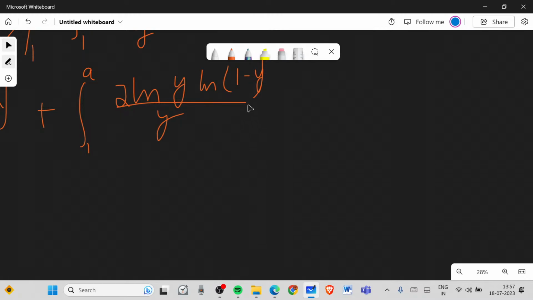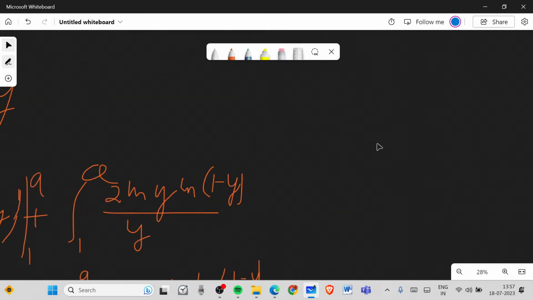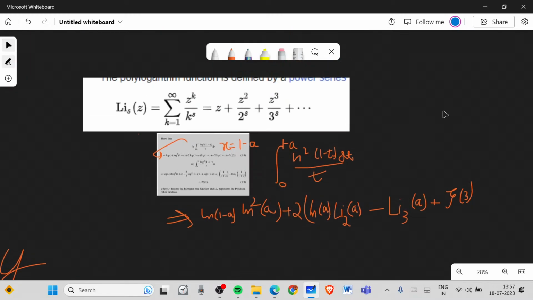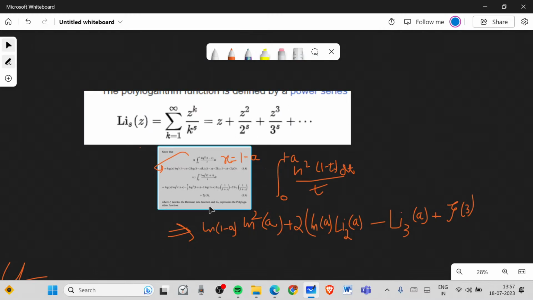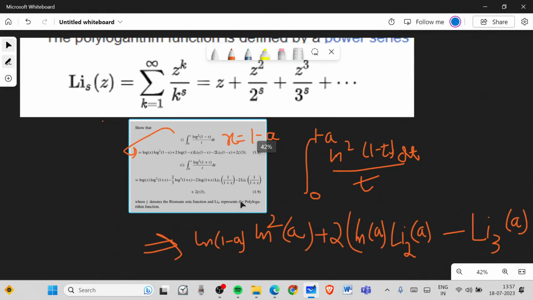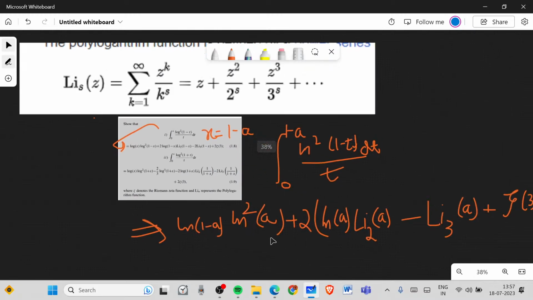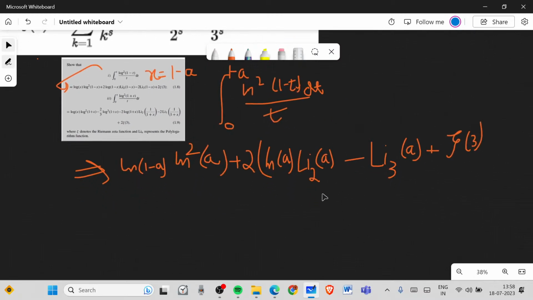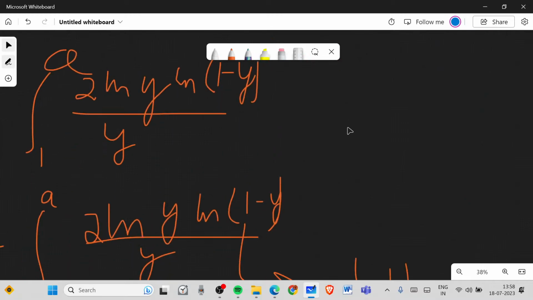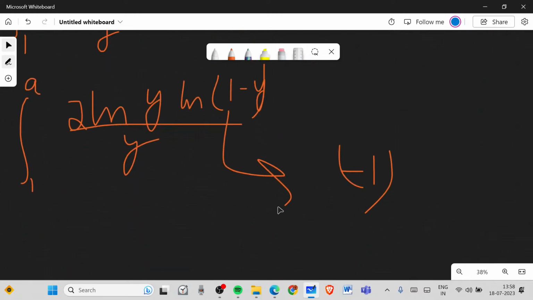You know what's my biggest issue with this function ln 1 minus y? Its series basically gives alternating minus plus, and in this Li thing there's nothing alternating. This is seriously frustrating me a lot. Oh, I am a big fool basically.